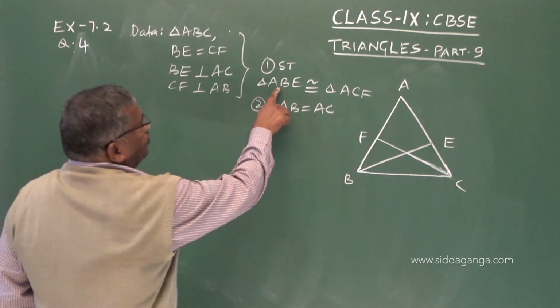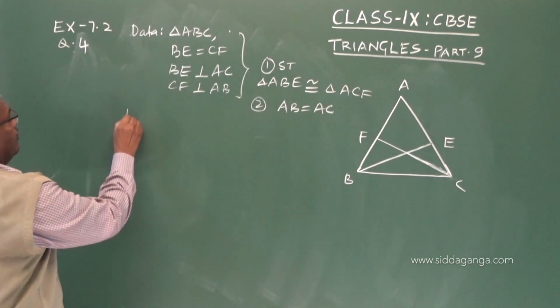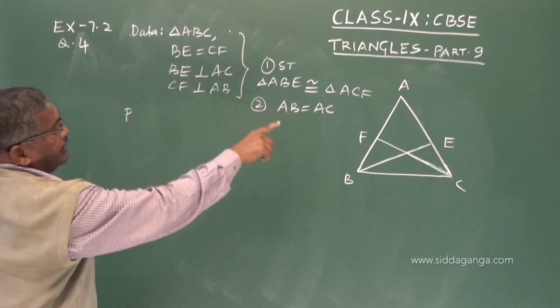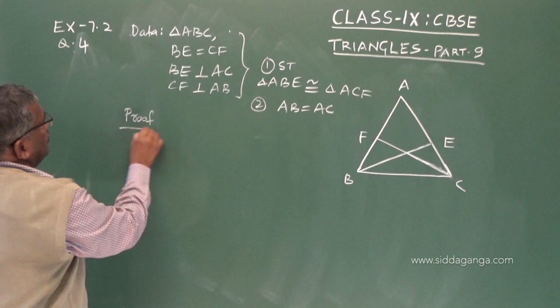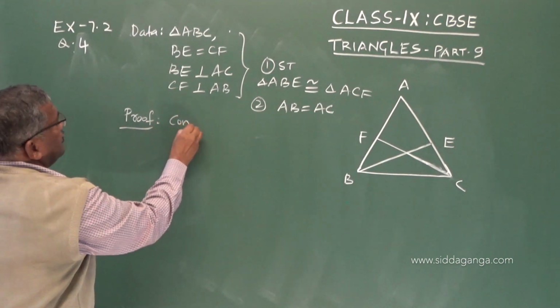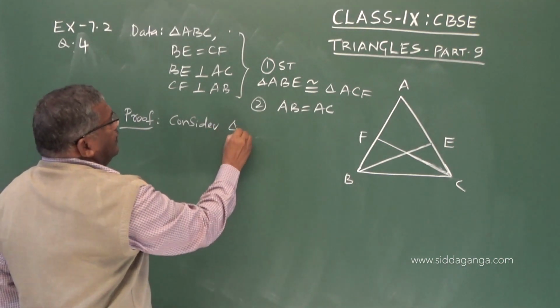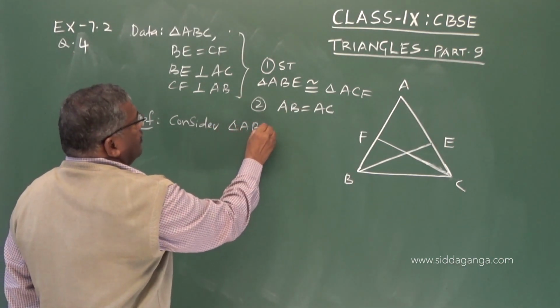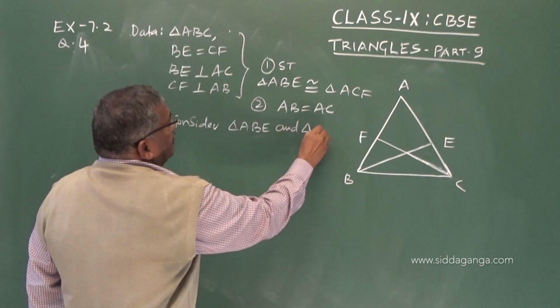Now, we need to prove these two triangles are congruent. So, therefore, consider those two triangles and compare them. Proof. Consider triangle ABE and triangle ACF.